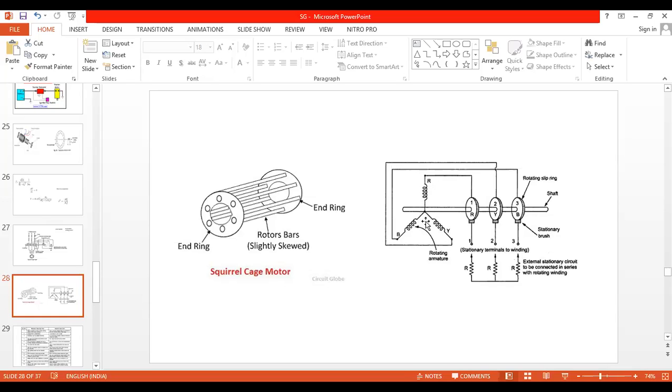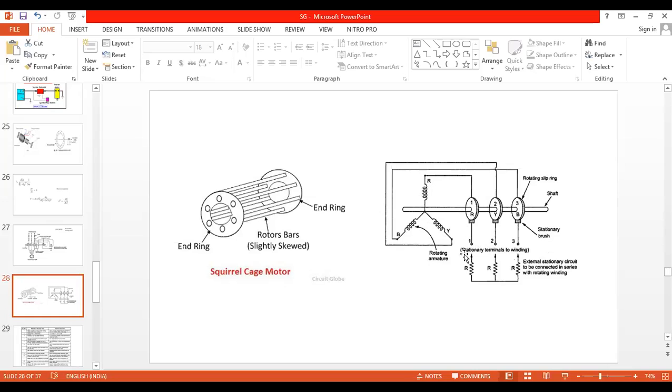Now what are slip rings? Slip rings are mechanical devices which are used to connect any object to the rotating machine. As the slip ring rotor is rotating, if I want to connect any bulb or any object to this rotating machine, slip rings are used.